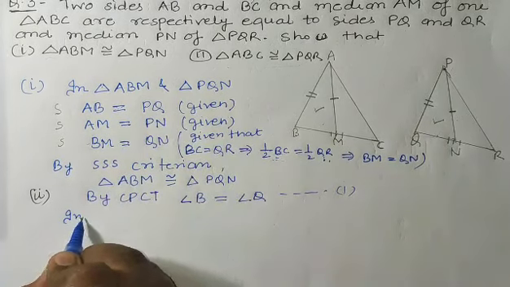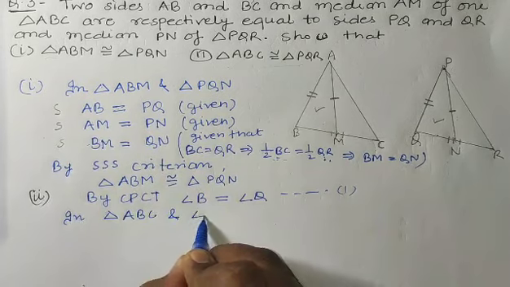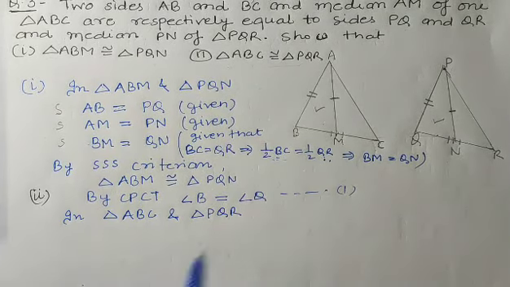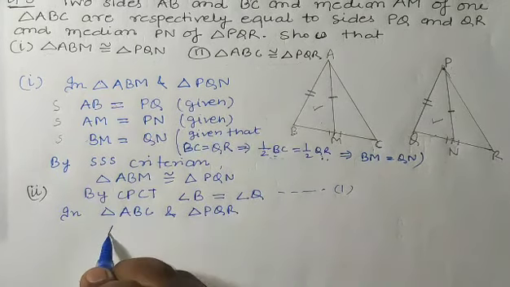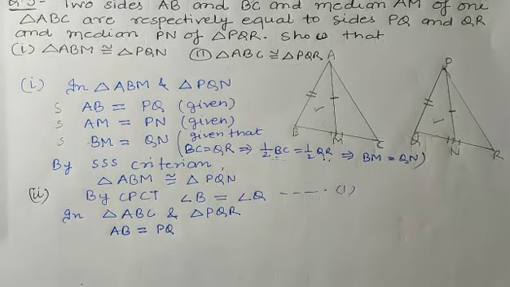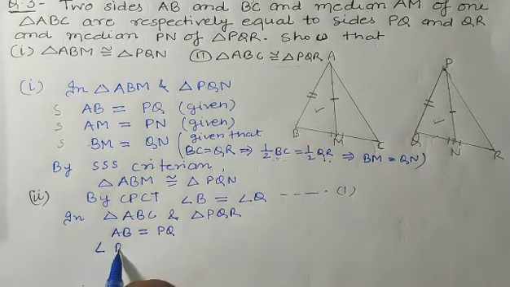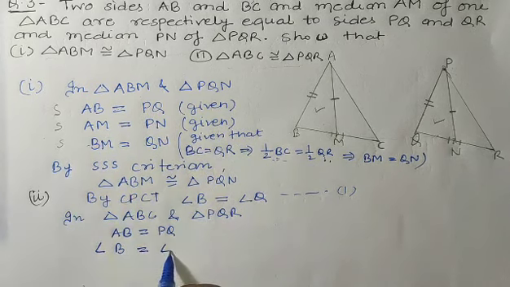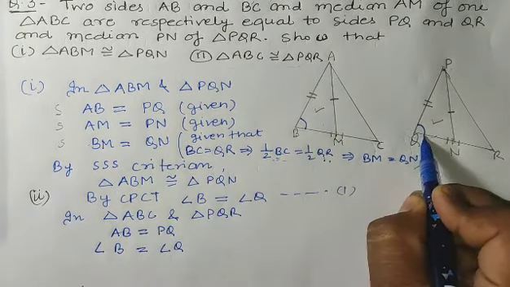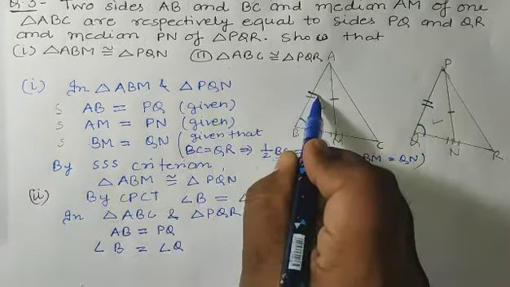Now students, see in triangle ABC and in triangle PQR, the first one we will write that AB is equal to PQ. The second one, angle B is equal to angle Q. Firstly, we have shown that this side is equal to this side.